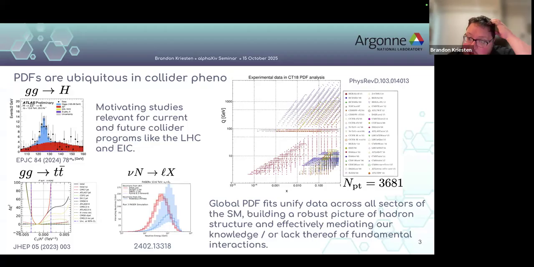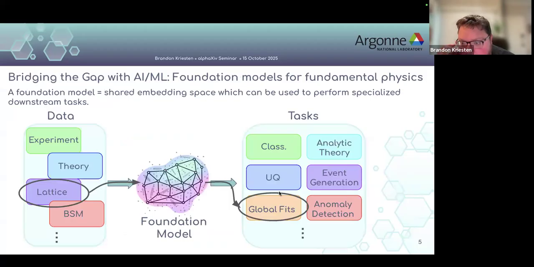But I think what's interesting, and where I hope to see something like this going, is this grand vision of a foundation model.